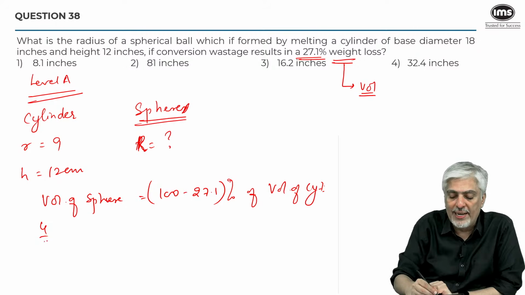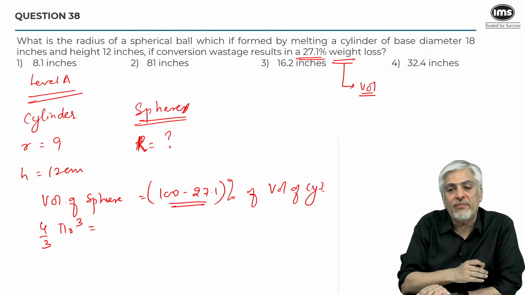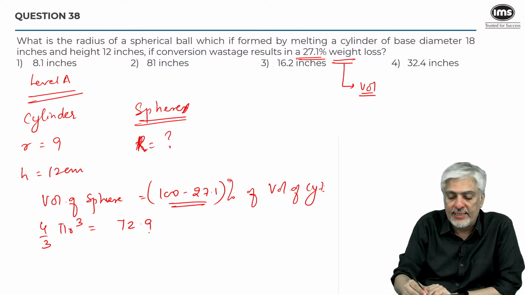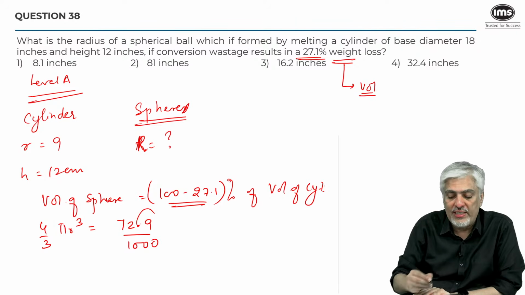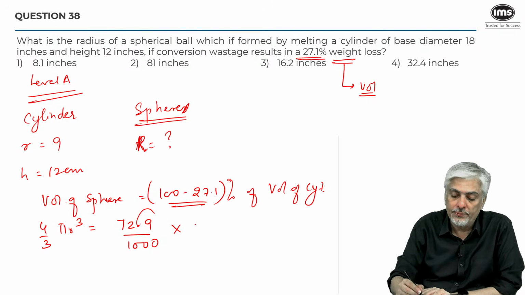So 4 by 3 pi r cube, 27.1, this will be 72.9%. 72.9% is 72.9 upon 100. Remove the decimal, 729 upon 1000. Volume of cylinder, pi r square h.